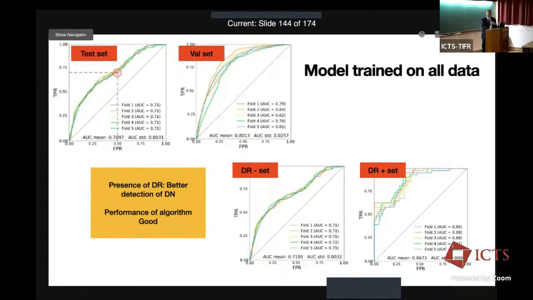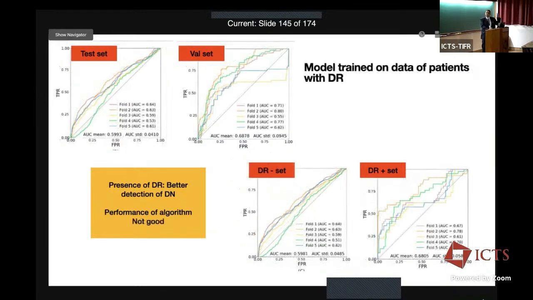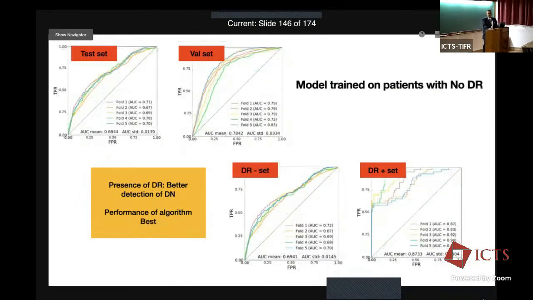However, we found that in those who had diabetic retinopathy, the performance was better in detecting neuropathy. We also trained it on only diabetic retinopathy. The algorithm doesn't seem to work that well. However, when we trained it on normals without retinopathy, we got the best performance. And these are the 5-fold cross-validation results to detect neuropathy.